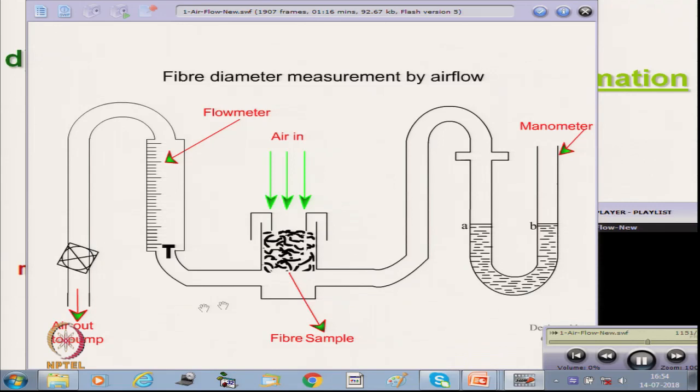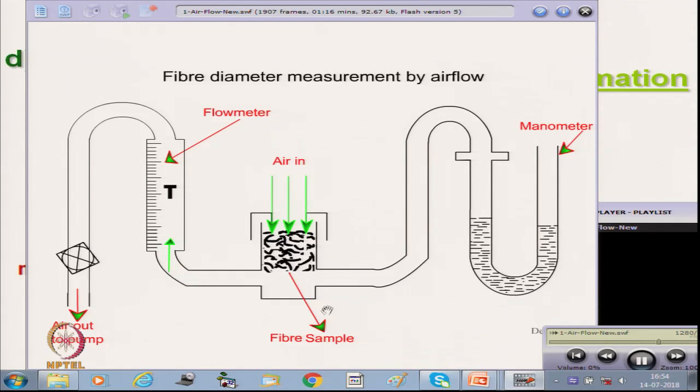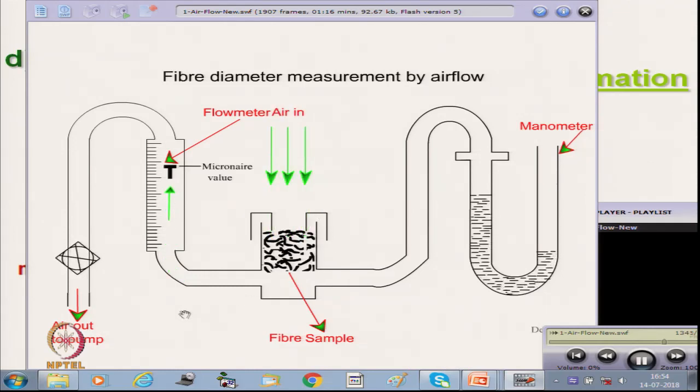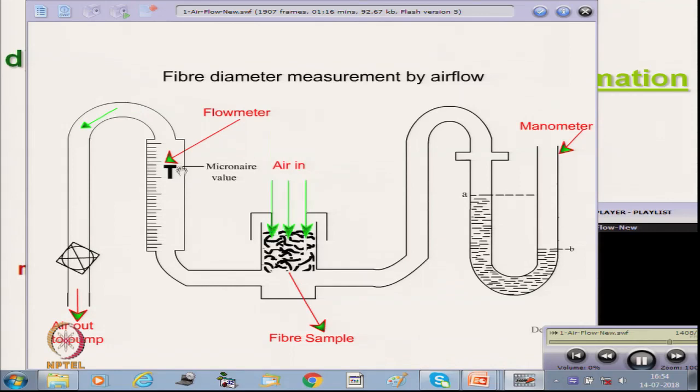Now, we have started the pump, air is being sucked and the rate of flow of air is measured by this float. This float height is indicating the rate of flow, and this gauging is actually to measure the flow rate, but it is not gauged in terms of flow rate, it is directly in terms of diameter or micronaire value or mass per unit length.